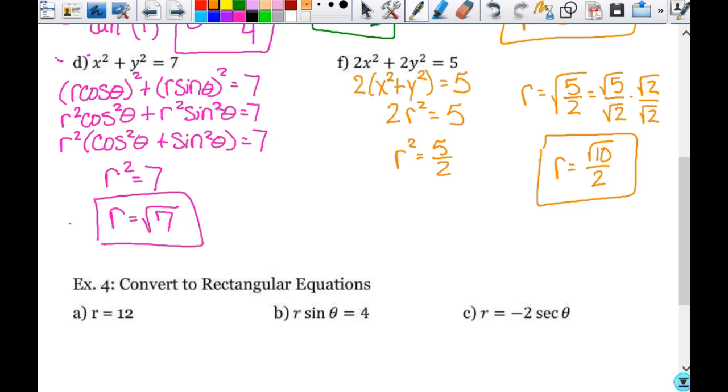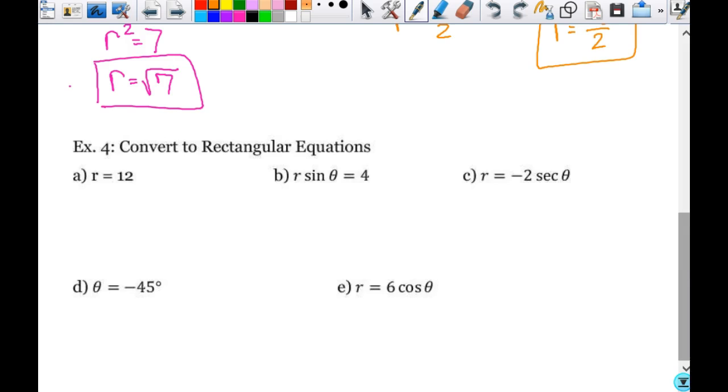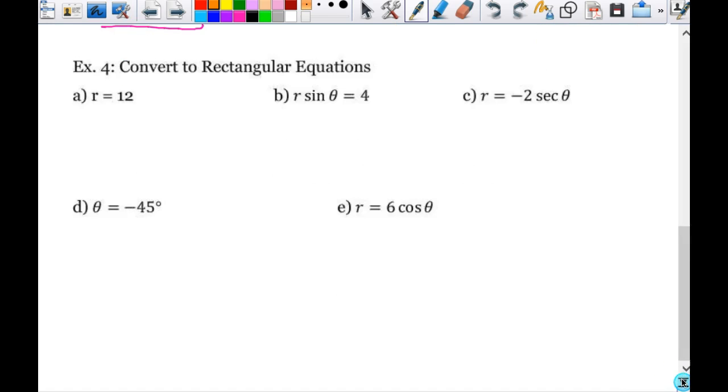All right. So now we're going to go the opposite direction, and we're going to convert to rectangular equations. So instead of r equals 12, what can we substitute in for r? At the top of your page. Good. Square root of x squared plus y squared. That substitutes in for r, and that's equal to 12.